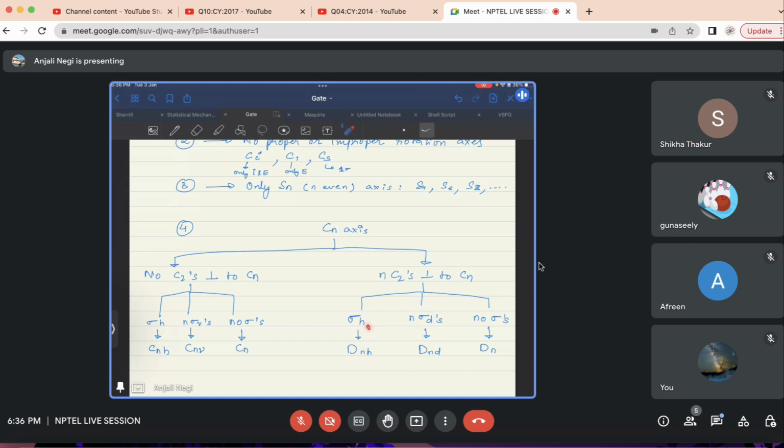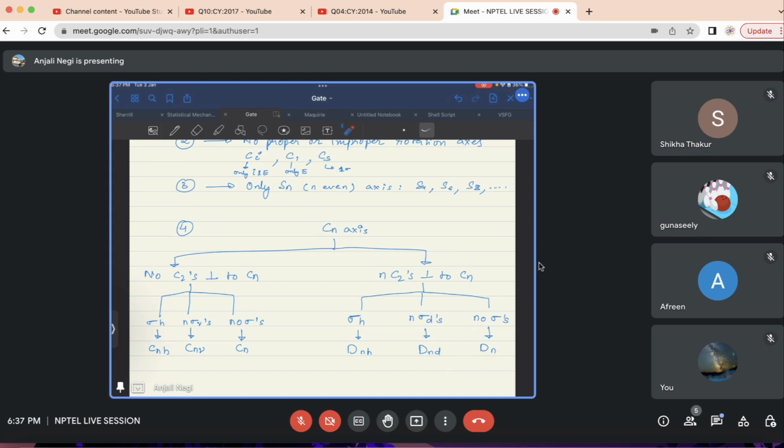If that plane is absent, then it will be another plane if present, which is sigma v. We can just write it down as sigma d, and it will belong to Dnd point group. Other than that, if there is no sigma or mirror planes present, then it will belong to the point group Dn only.